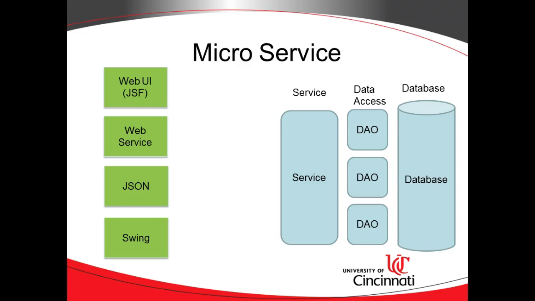When I fly, a lot of times I will come to a gate agent and I'll say, hey, I missed my connection or something like that. I see that I can take this other connection. Should I go ahead and accept it? And the gate agent and I are looking at the exact same data, because essentially that seat selection is a microservice that's accessible to me via a mobile app, which is more than likely going to be JSON. It's accessible to the gate agent through something running on his or her computer, which is more than likely going to be a fat client application, maybe written in Swing.